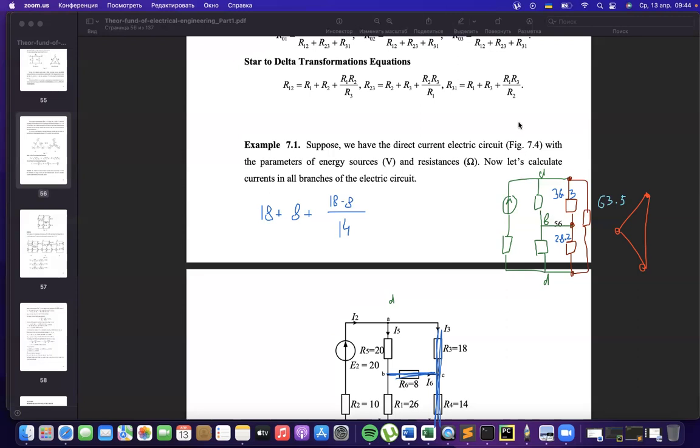After that, we can calculate the total resistivity. First of all, we can take 2 resistors in parallel here, 2 resistors in parallel here. It will be 20 parallel to 36.3. Let's draw the new circuit just to see the difference. The source, the resistivity 10.